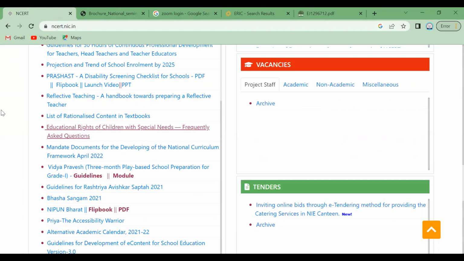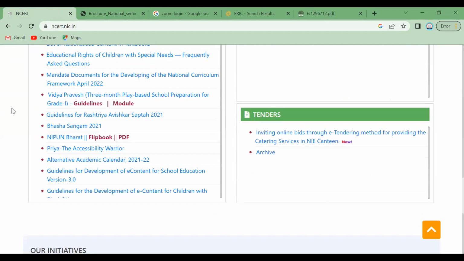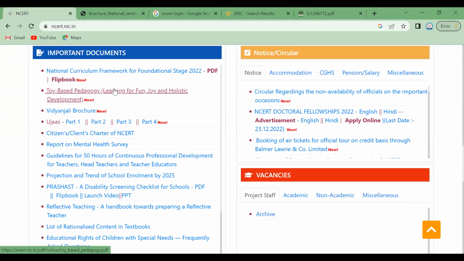Here it is. Many documents are there which are very good. See, toy-based pedagogy, learning for fun.